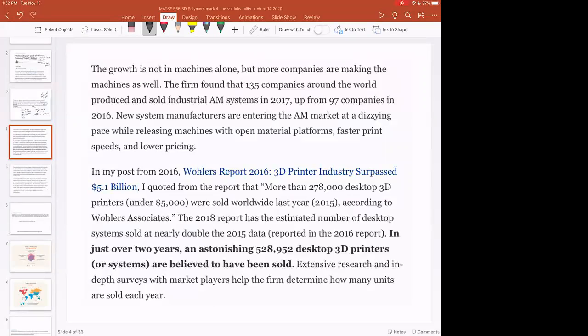And so what's interesting in this report is that the companies are really starting to grow, and they're interested in not only growth of the machines, but there's more companies making the machines, plus more materials companies.